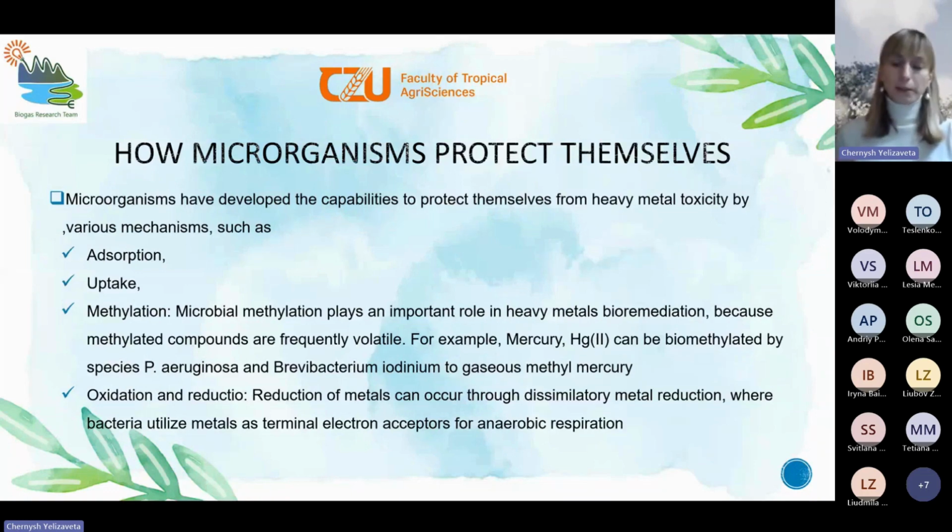Also, it is possible, for example, when we talk about microorganisms, that they develop many protection mechanisms against different toxicants, which can be used as a mechanism for bioremediation processes.